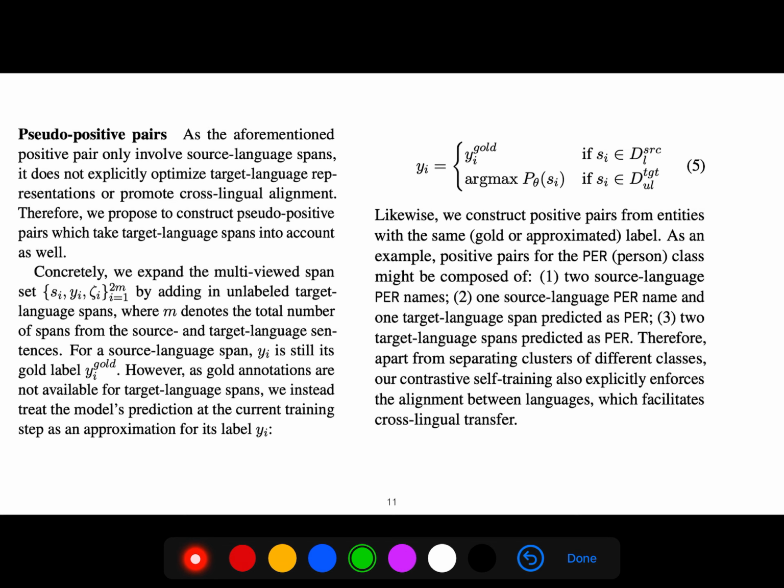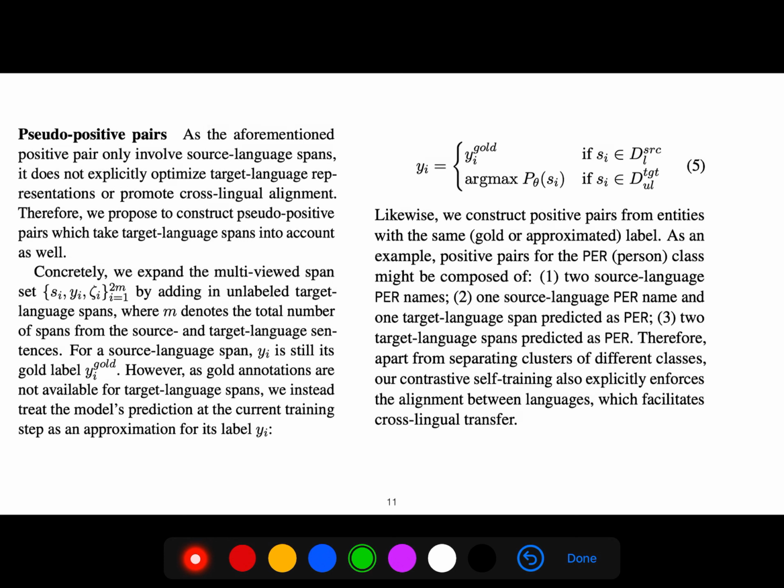For pseudo-positive pairs, as we mentioned, it does not explicitly optimize target language representations or promote cross-lingual alignment. Therefore, we propose to construct pseudo-positive pairs which take target language spans into account as well.